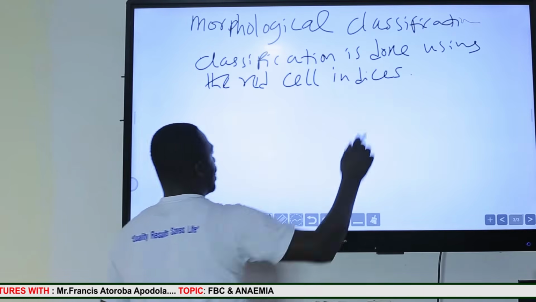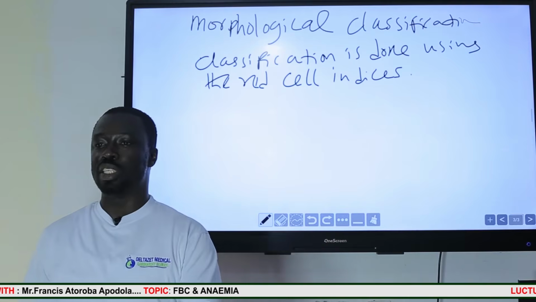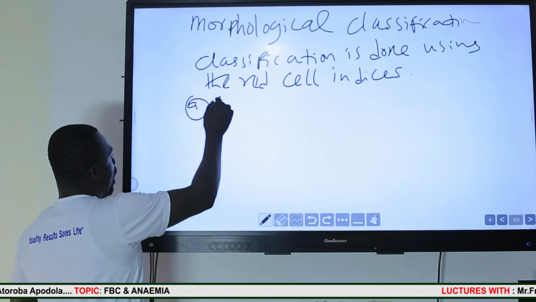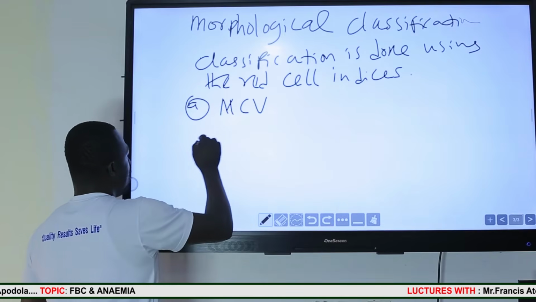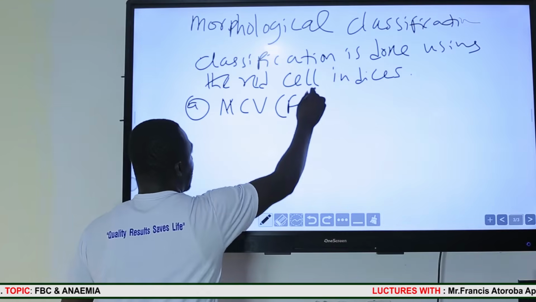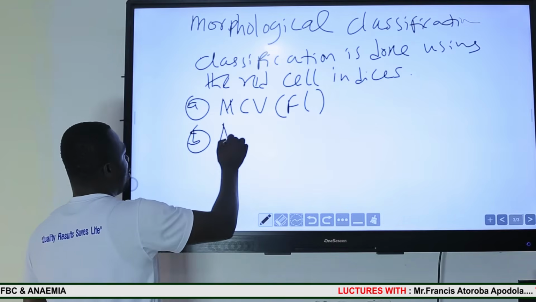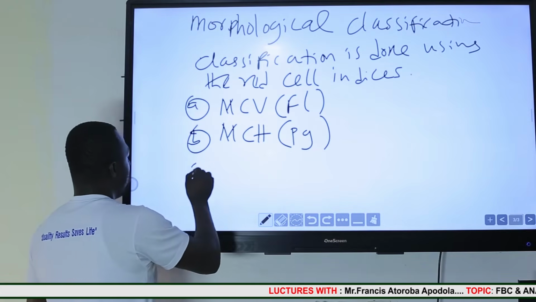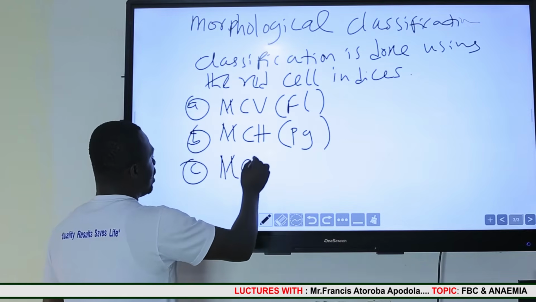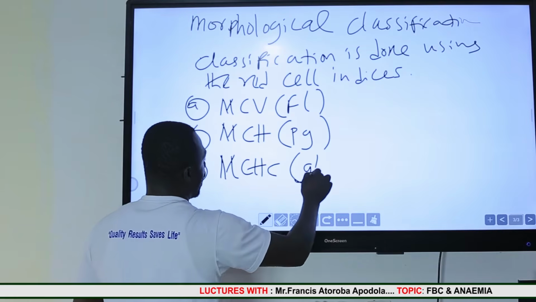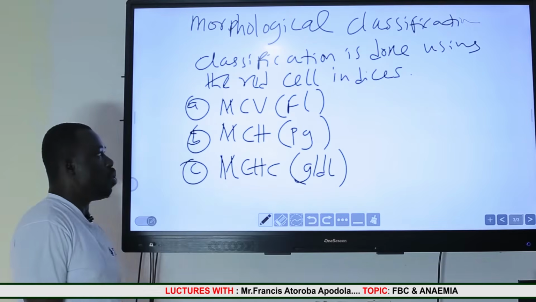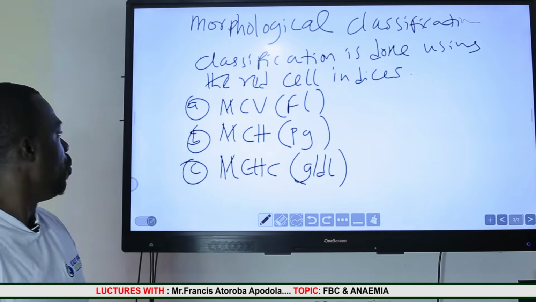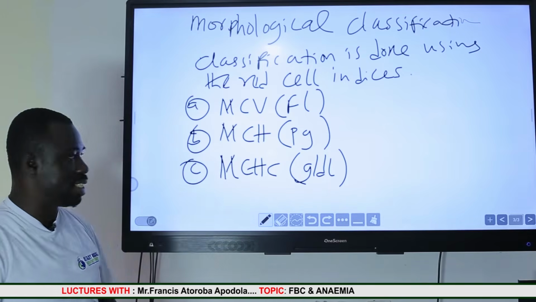And these red cell indices are part of the complete or the full blood count. These are the red cell indices: we have the MCV, which is reported in femtoliters. We have the MCH, which is reported in picograms. We have the MCHC, which is reported in grams per deciliter. So when you want to classify the anemia morphologically, we use the red cell indices.